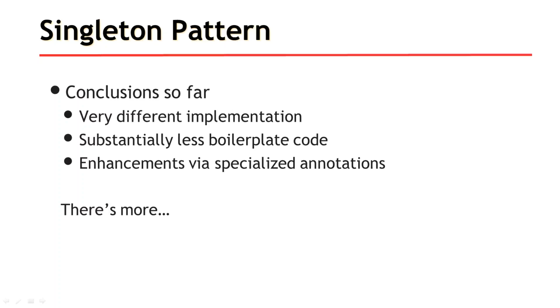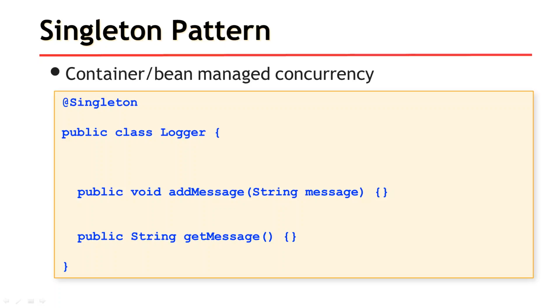Now, these new features enhance the behavior and performance of the Singleton bean. But we can go further. Now let's look at how Java EE gives us even greater control over the behavior of our pattern. Remember that I mentioned that the Singleton bean is thread safe by default, as concurrency is managed by the container.